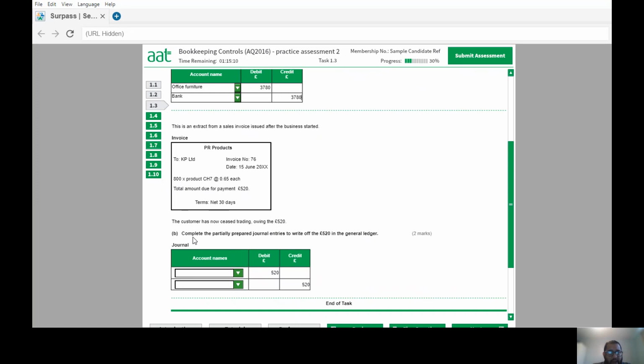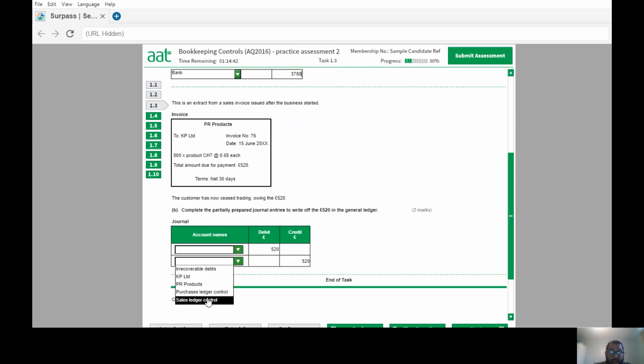So let's have a look at it. Complete the partially completed journal entries to write off this £520. When we recorded this transaction first, we added this figure into the sales ledger control account on the debit side. So the money the customer owes you is added there as a current asset. Here, what we now have to do is write that asset off. If you have to write the asset off, we have to credit the sales ledger control account.